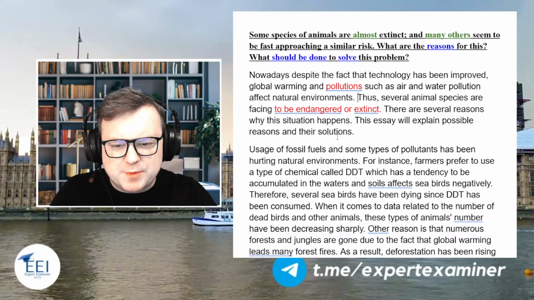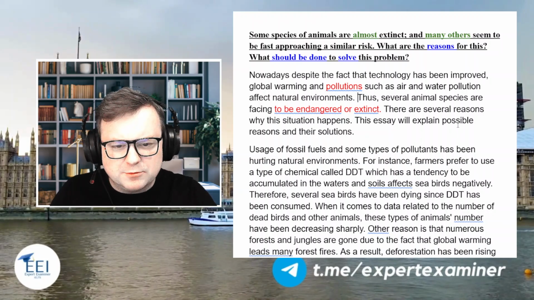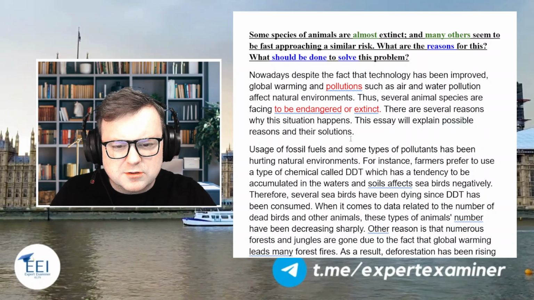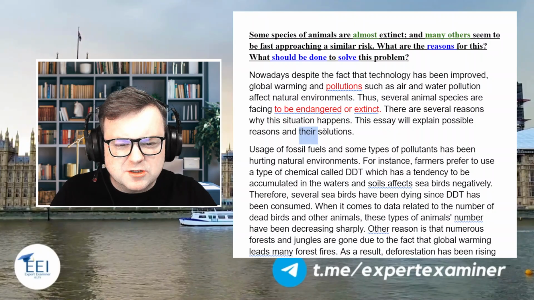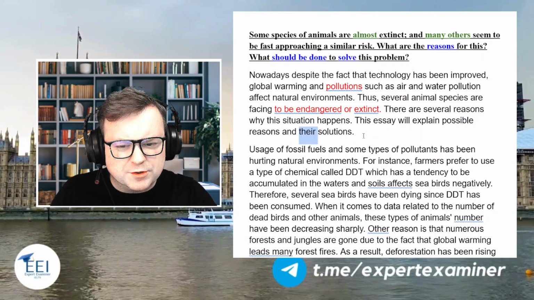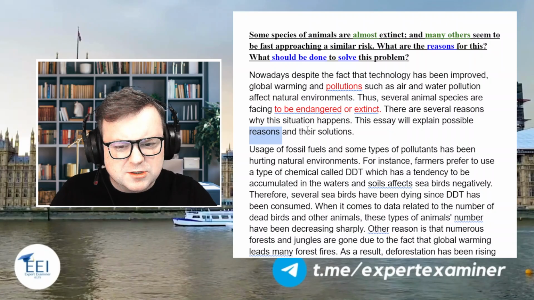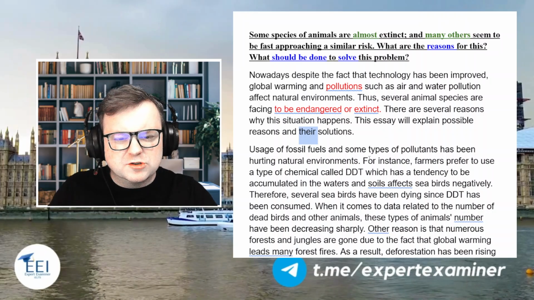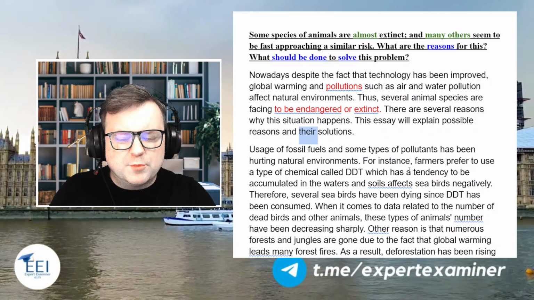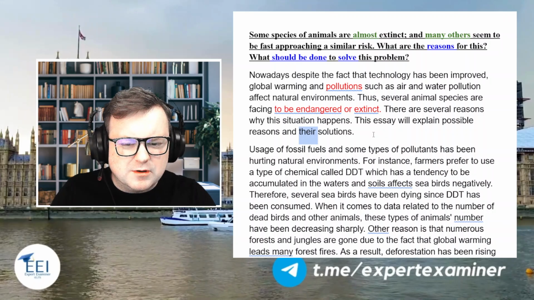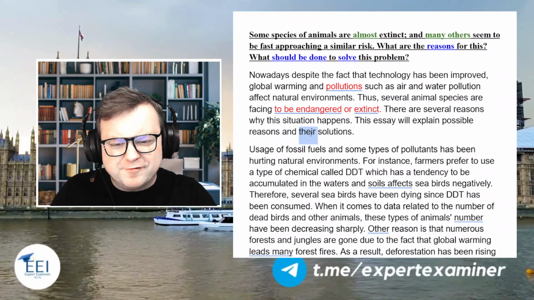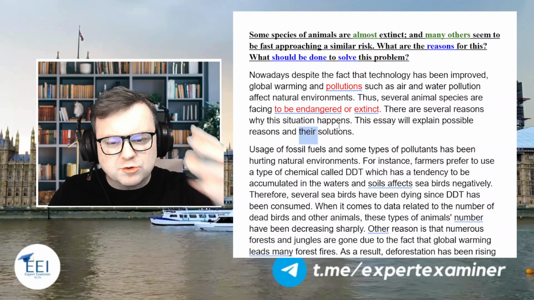This essay will explain possible reasons and their solutions. Their solutions? Their talks about what here? Reasons? The solutions to the reasons? So their should refer to problem, but there's no immediate referent here. The reference word there should point to the word problem.